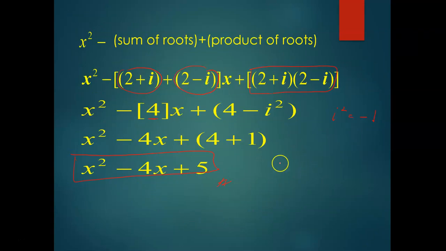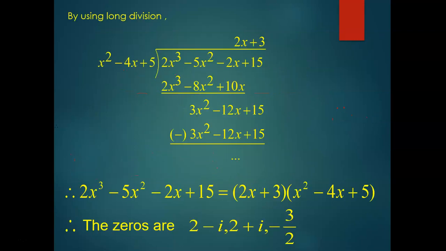So daripada sini, in order to find another linear factor coming from your polynomial, we do long division. 2x cubed minus 5x squared minus 2x plus 15 divided by this, then you get this. Okay, so meaning that your p(x) equals this, obtained from the complex zeros tadi, then another one is power 1.